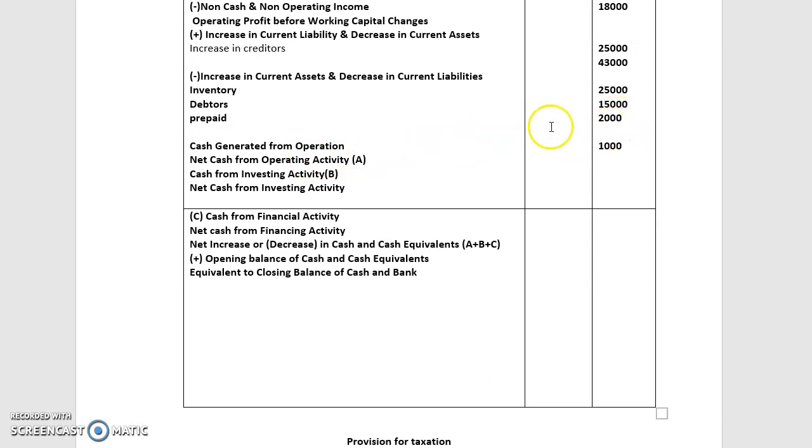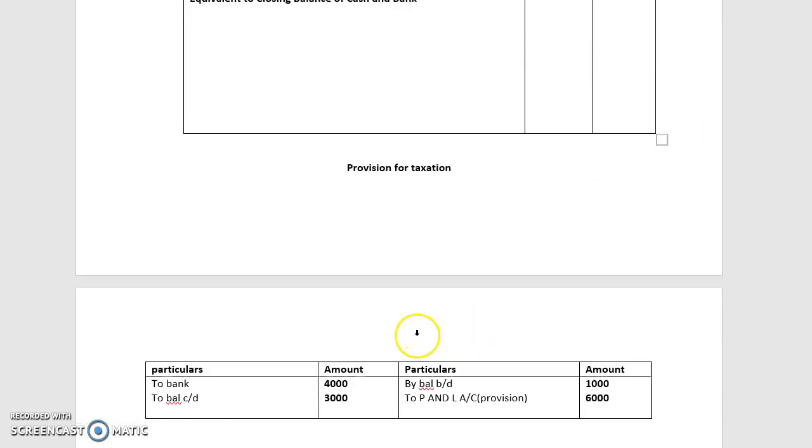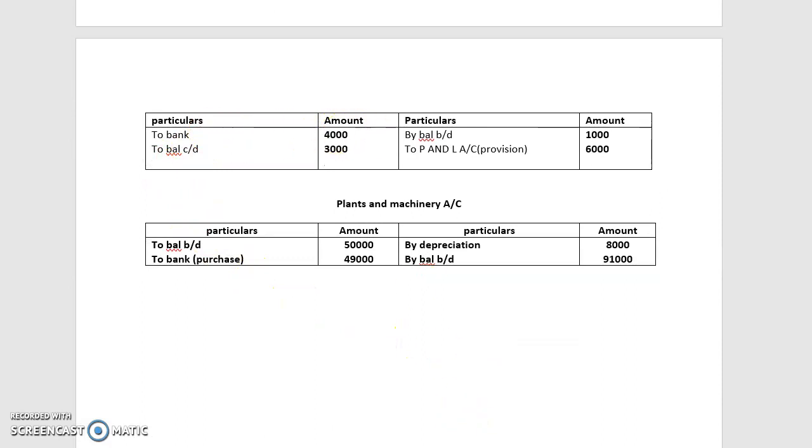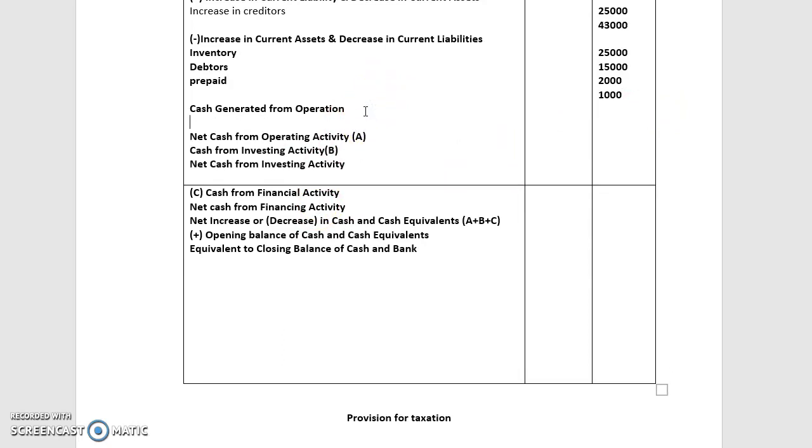And for this you have to deduct the tax, no? You have to deduct tax paid, for which you have already prepared the account. You can see here, the account, 4,000 rupees to bank. So for this 1,000, minus tax.